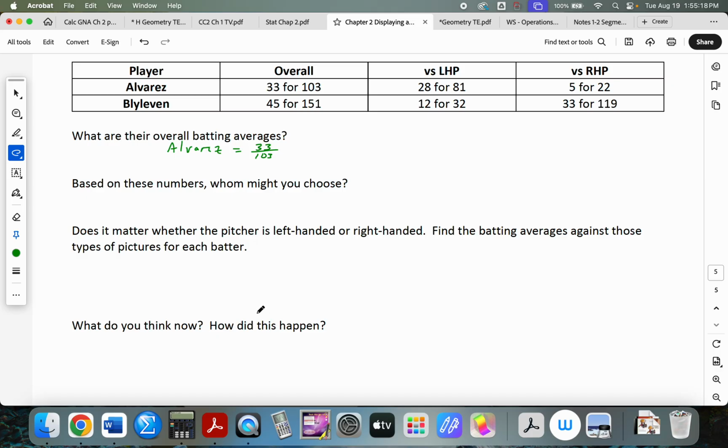Or do you multiply by 100? What do you multiply by? Well, let's see. If it's 33 out of 103, you multiply that by 1,000 to get the batting average.